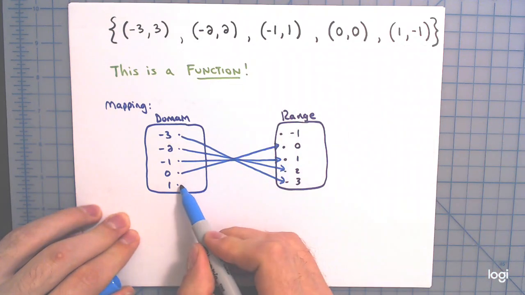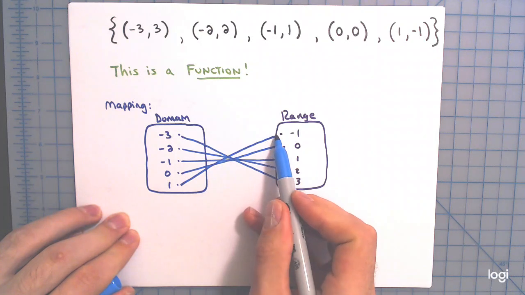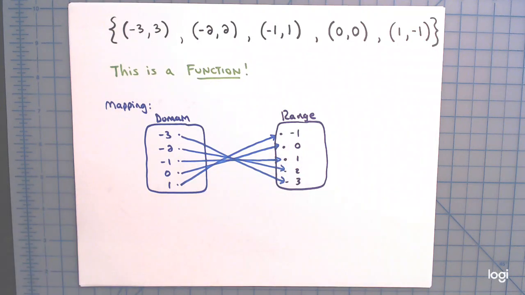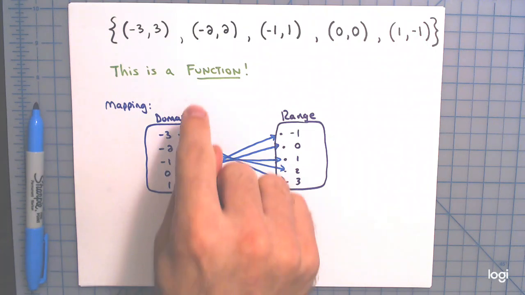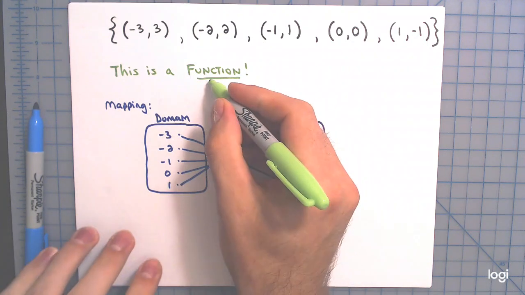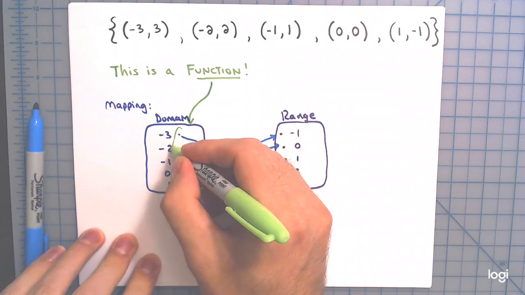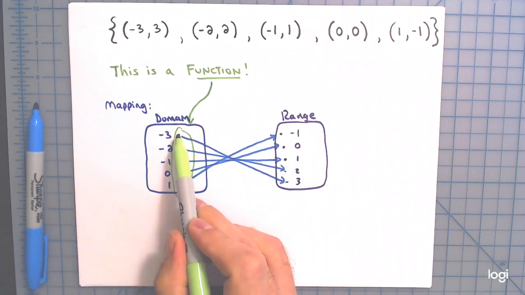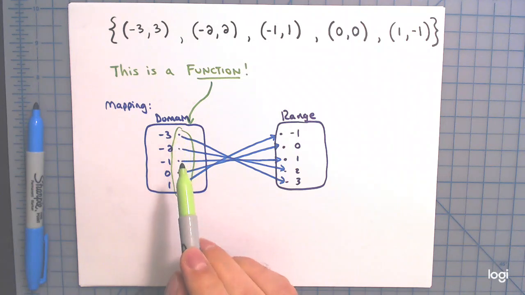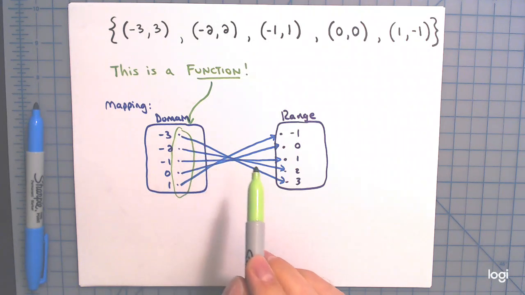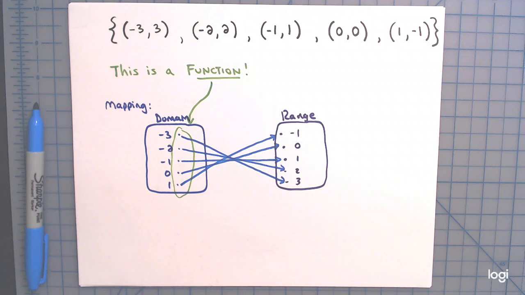And 1 to -1. Okay. Great. So here's a nice arrow diagram. And like I said, it is a function. Right? We can see from here that it's a function. Every single value of the domain has exactly one arrow coming off of it. Every value of the domain corresponds to exactly one value of the range.